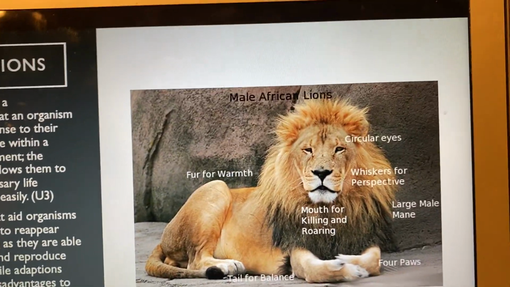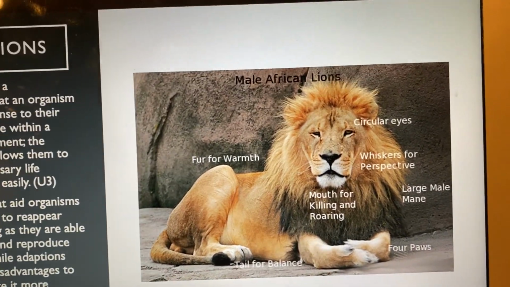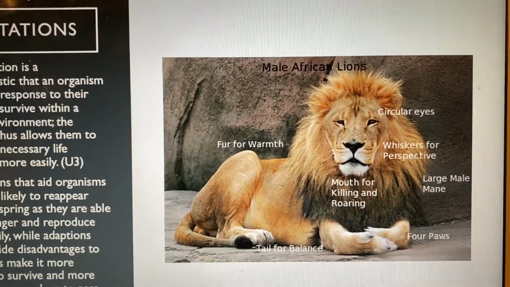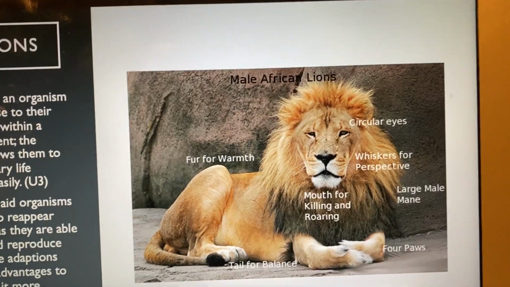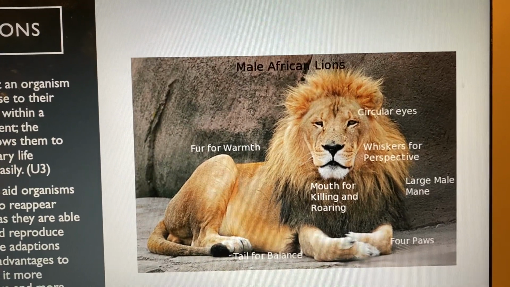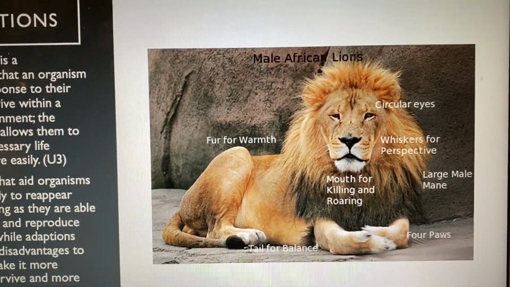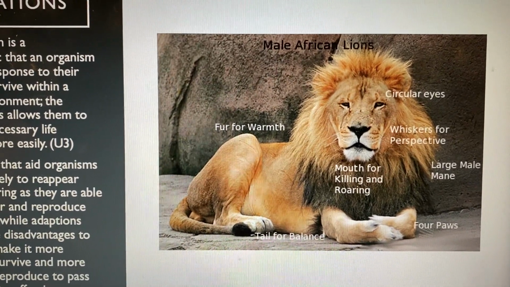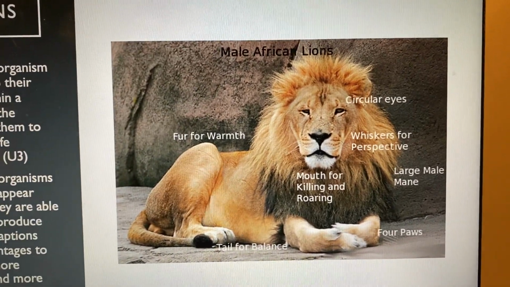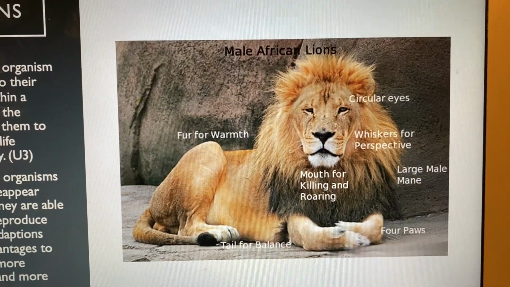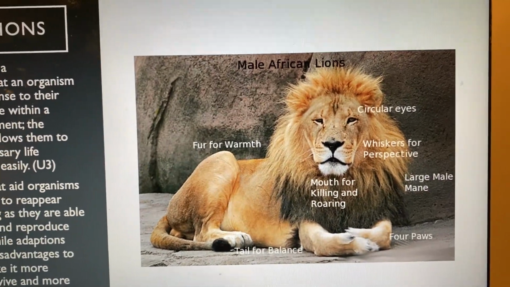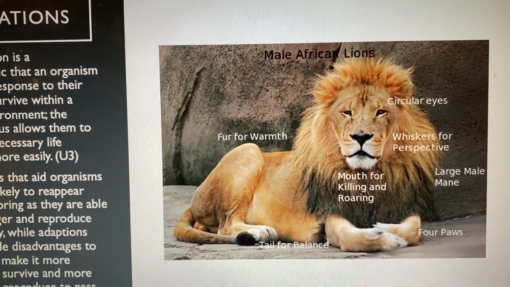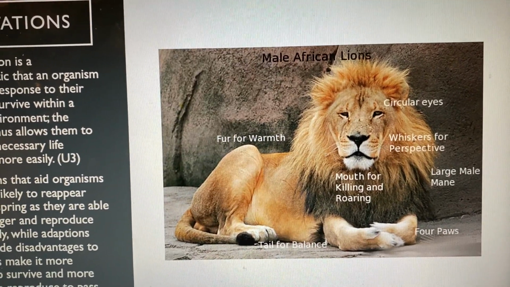So here in this picture, we have a lion, which I'm sure you have all seen before, and it just notes some different characteristics of the lion, which may be adaptations to help it better survive within its environment. So for warmth, when it gets cold at night in Africa, circular eyes, whiskers for perspective, a mouth for killing and roaring. Of course, a lion will definitely need its mouth to help attack its prey and then chew it.